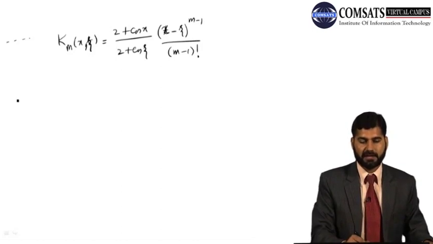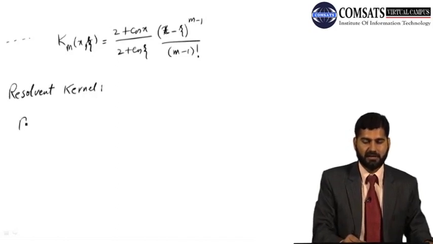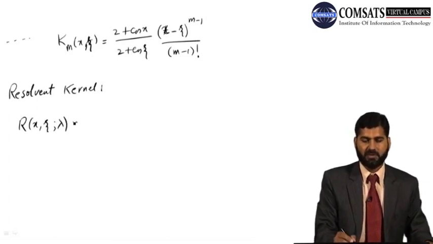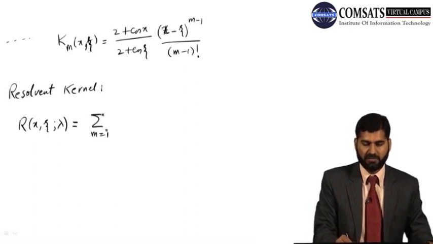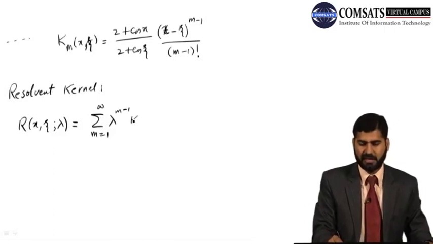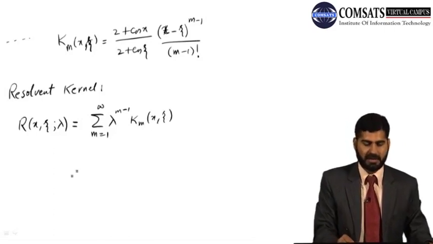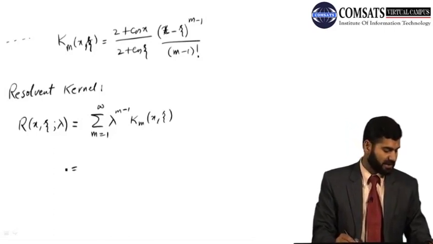So now, what will be your resolvent kernel? The resolvent kernel R(x, xi; lambda) is equal to the summation, m goes from 1 to infinity, of lambda to the m minus 1 times k_m(x, xi). So we just found the value of k_m(x, xi). You can bring it out.